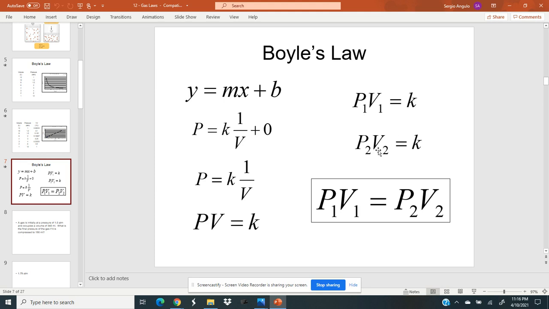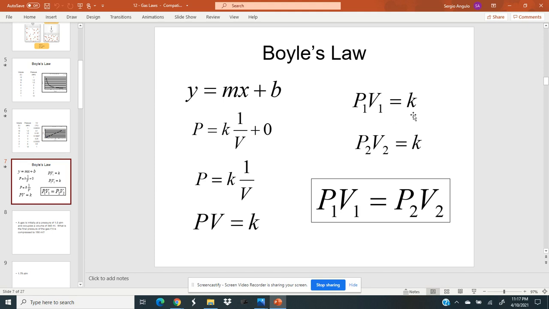Now, if I change the volume and it changes the pressure, so it's at a second point in time, I call it P2 and V2. P2 times V2 still has to equal k. The k is going to vary from gas to gas, but once you have one sample of gas, that k is always going to stay the same.